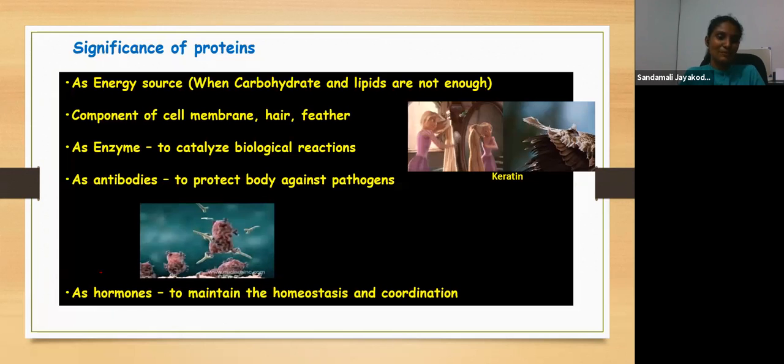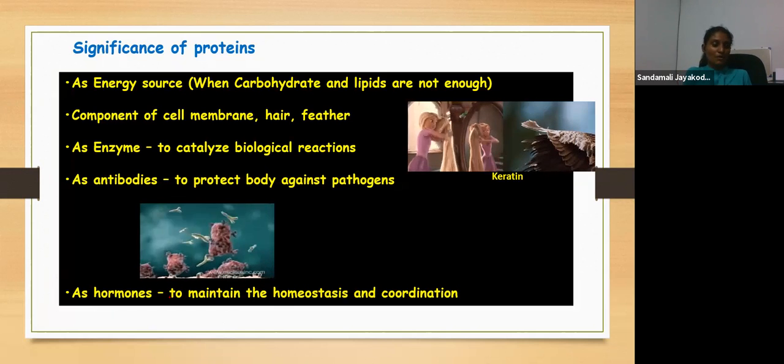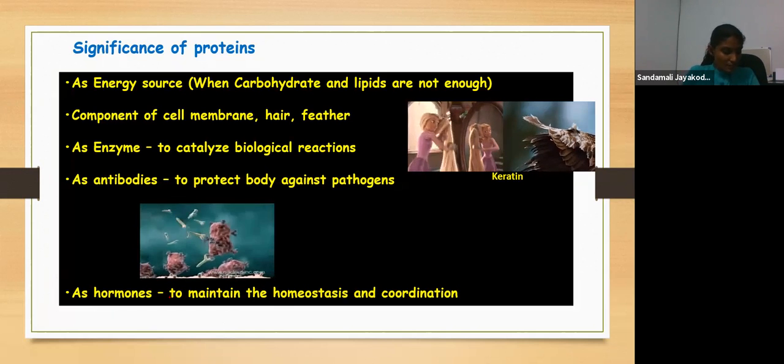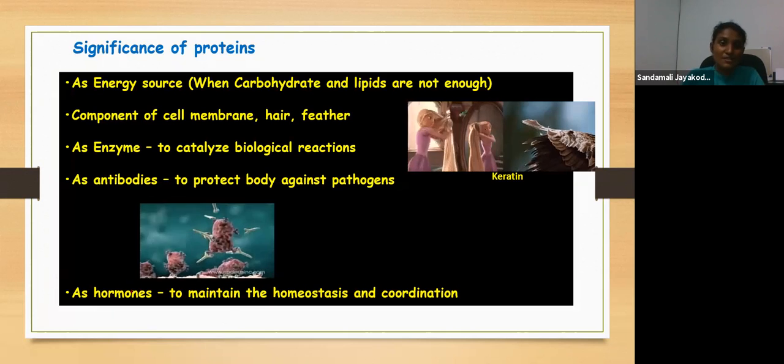And then they act as hormones in our body to maintain our homeostasis and coordination. That is another function. Most of the hormones in our body are proteins. There are many examples in our body.